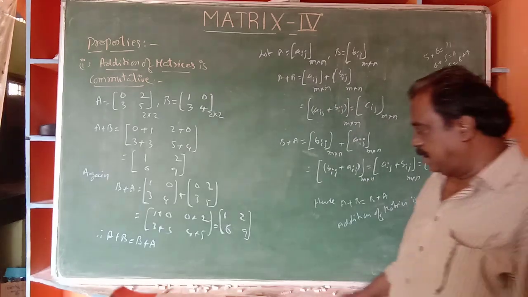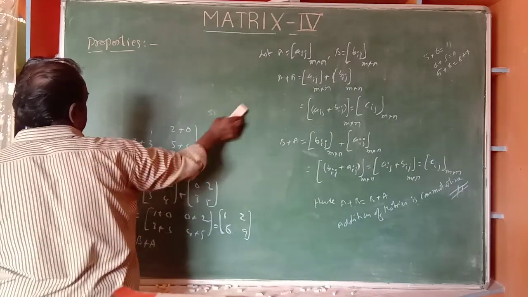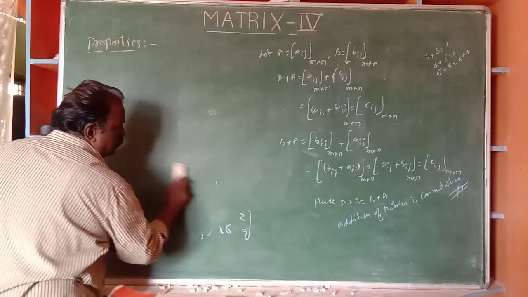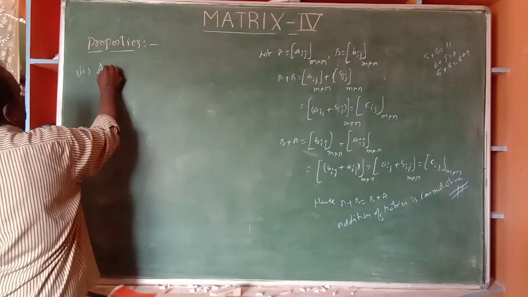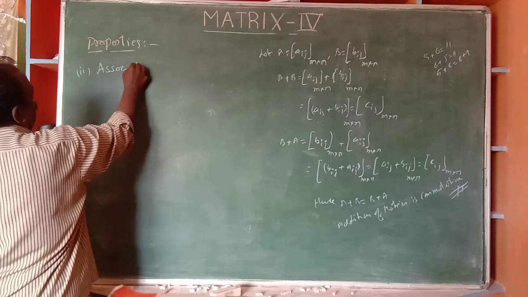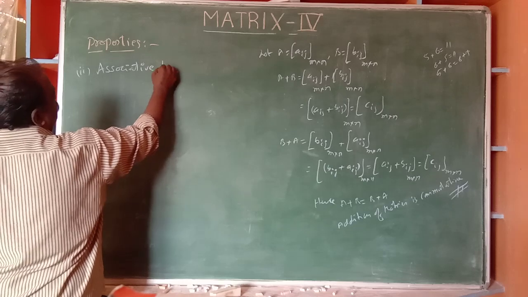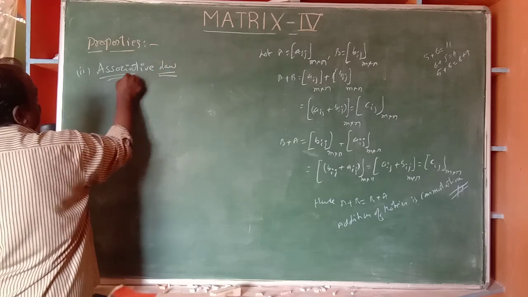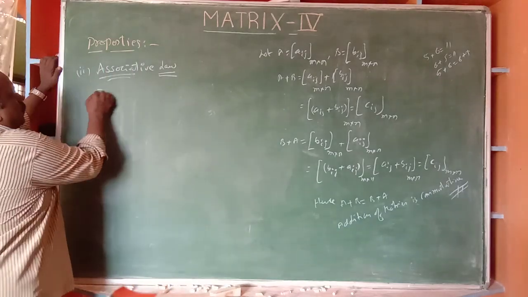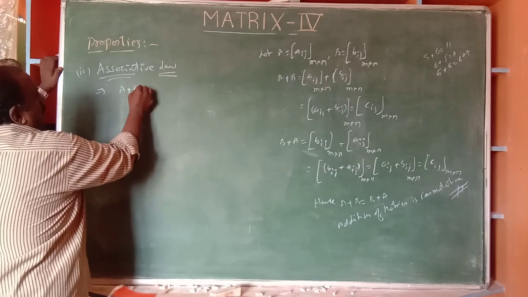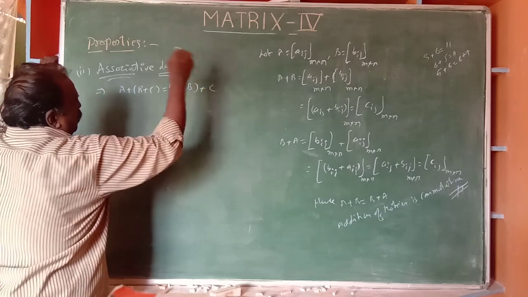Okay, now like that. Next, number 2, associative law. That means the addition of matrices follows the associative law. That implies A plus B plus C is nothing but A plus B plus C, grouped differently.